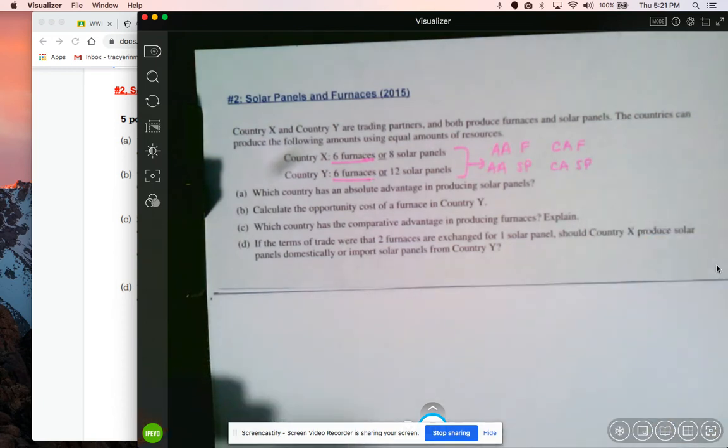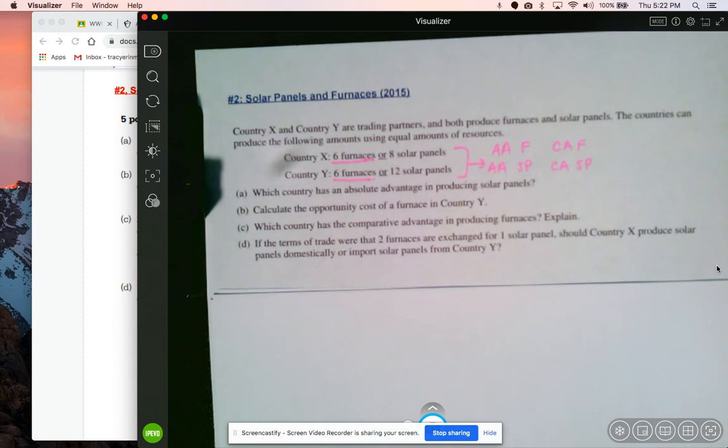And believe it or not, I think it was 2017, we had an FRQ in which neither country had a comparative advantage. So I used to say to students, you'll always have a country with at least a comparative advantage in one of the goods. But if the ratio is the same for both of them, it is plausible. It's not the case in this question, though.